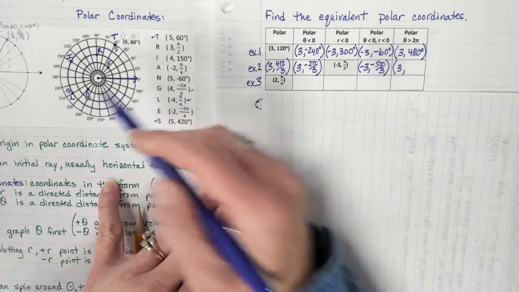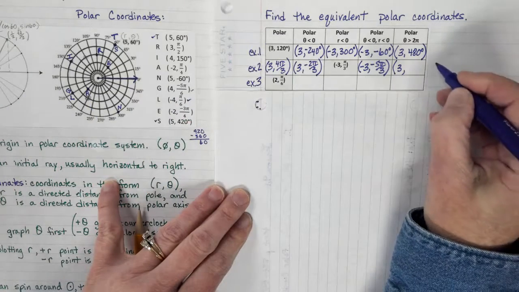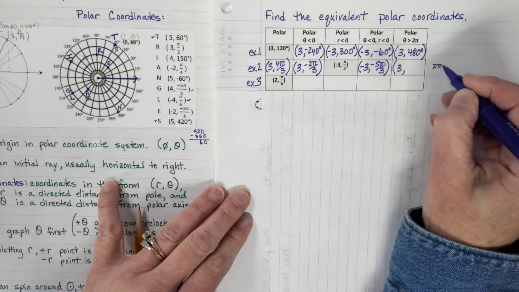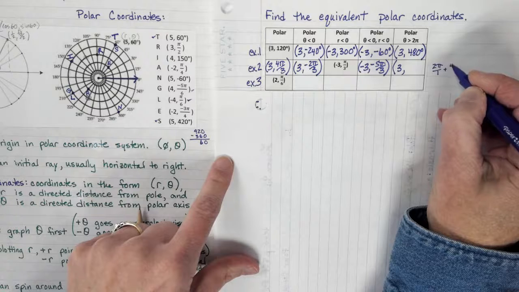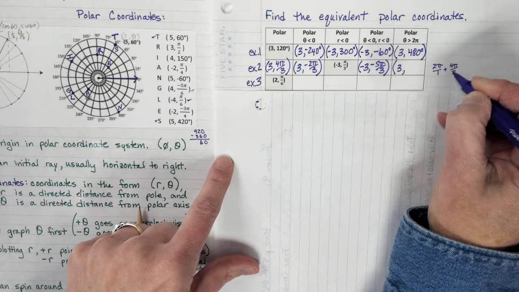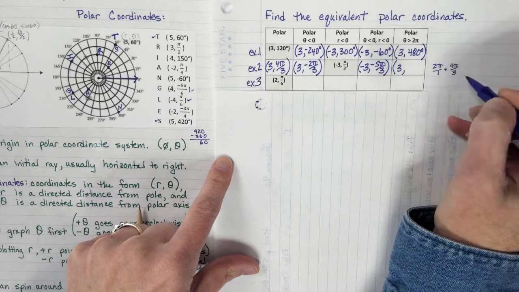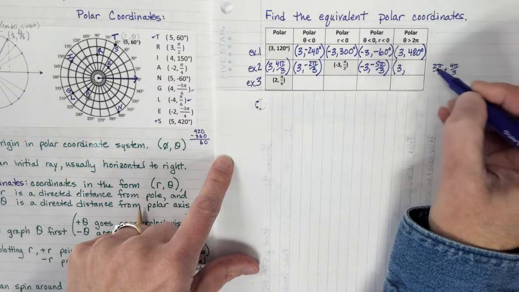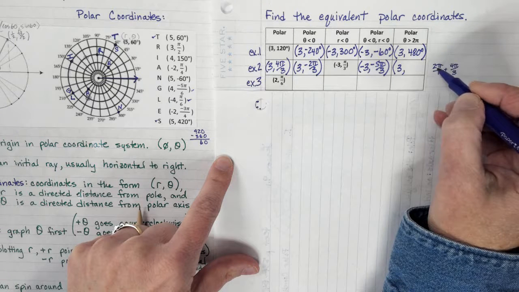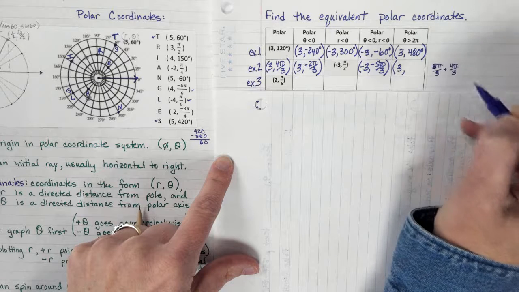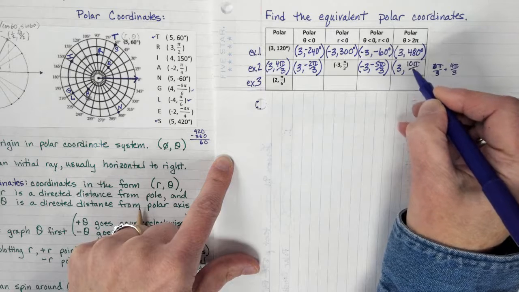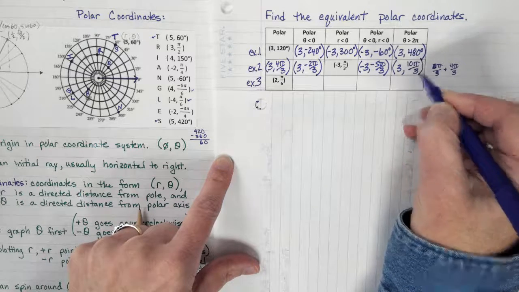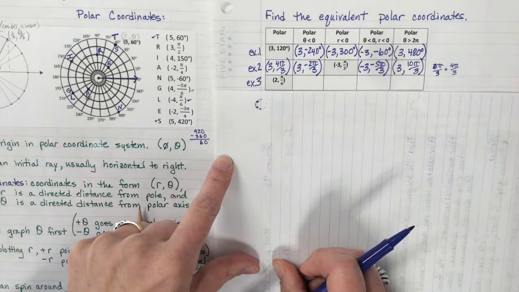So I'm going to have essentially 2 pi plus that 4 pi over 3, but that means that I need to have a common denominator. So that would really make this over 3, that would make that 6 pi. So that would give me 10 pi over 3 would be that radian value.